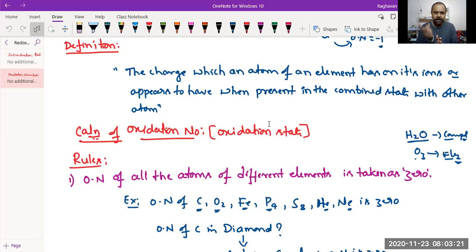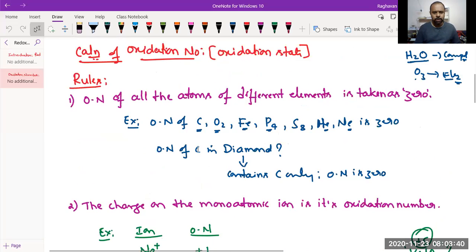So there it appears to have, because we are going to assign more electronegative element negative, less electronegative element positive. And in case of an ionic compound, directly charge is there on a particular ion, like KCl, K plus, Cl minus.